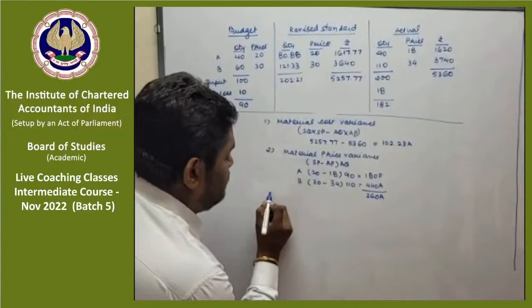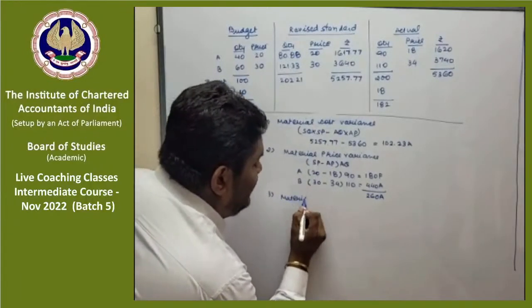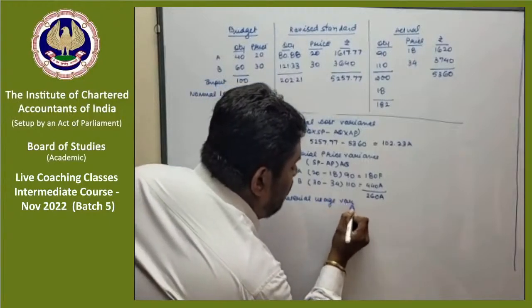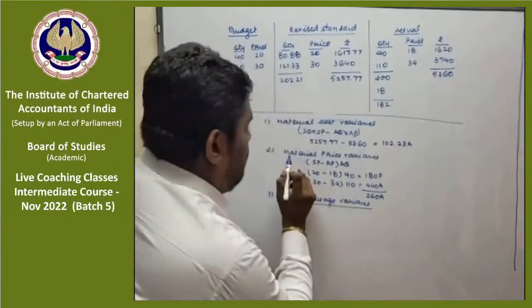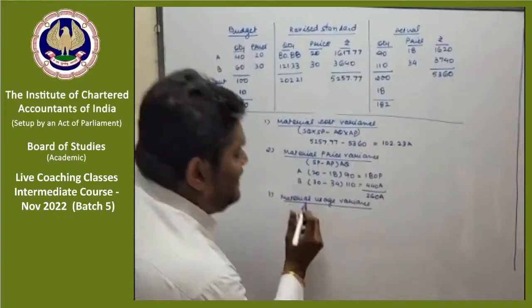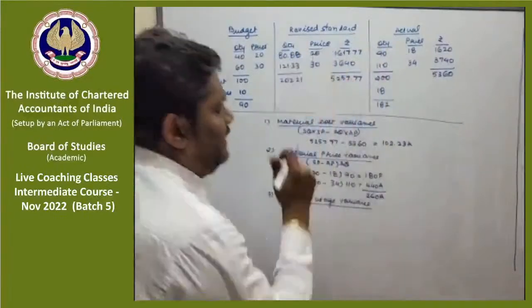Similarly, material usage variance. Very simple. Standard quantity minus actual quantity into standard price.